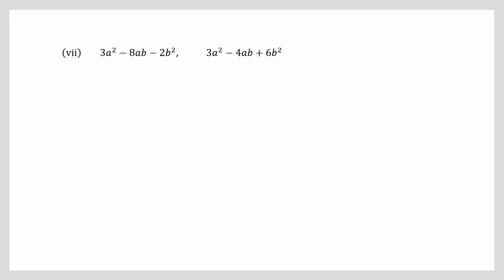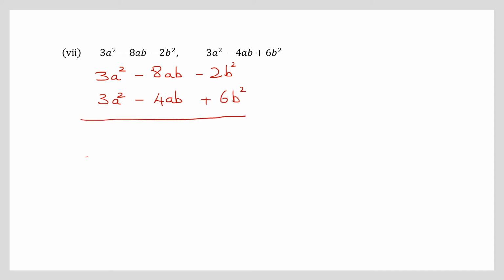Moving on to the seventh one, let's write 3a square minus 8ab minus 2b square. So let me write 3a square. Then the next one is minus 4ab plus 6b square. Okay, we have arranged it. Now change the sign of all the integers there. So this becomes plus.